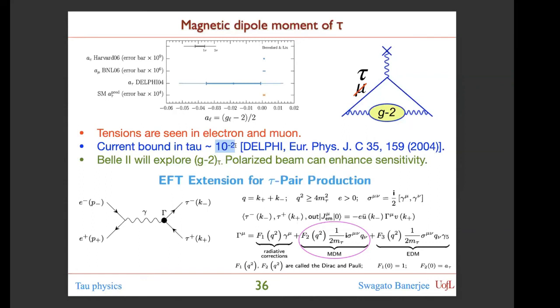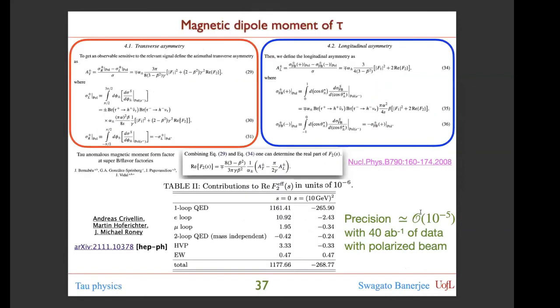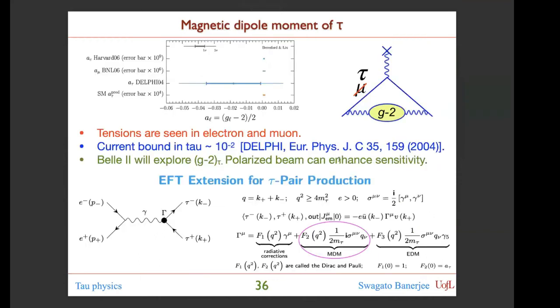The LHC expectation is actually of the order of the same as DELPHI, so 10 to the power minus 2. So we expect to be able to measure it down to 10 to the power minus 5. Okay. So currently, the DELPHI or the ATLAS measurement is barely able to reach the Schwinger term.